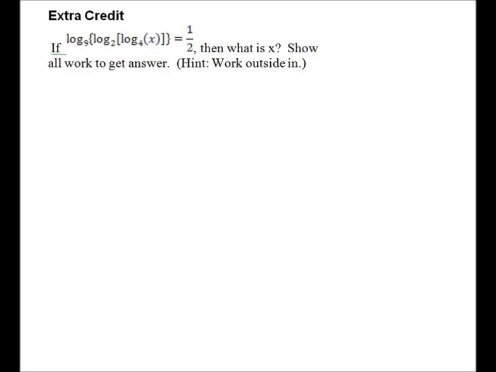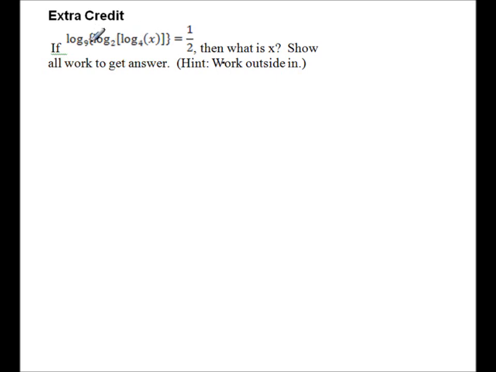Alright, first things first, what we want to do is figure out what x has to be for this to be a correct equation. And it says show all work to get answer, and then it says work outside in. So basically you're working from out here into this function.